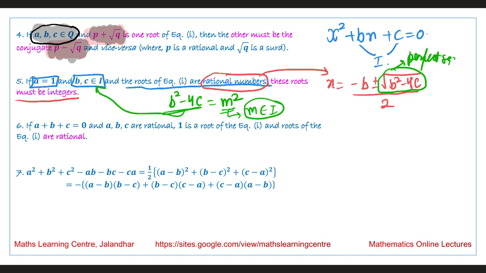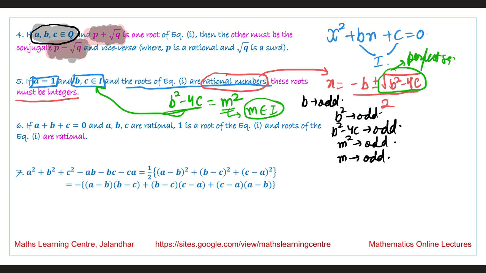Now we are considering two cases. Suppose b is odd. So if b is odd, we will have b square is odd, b square minus 4c is odd. It means the value of m square is odd. So this implies that the value of m is odd.